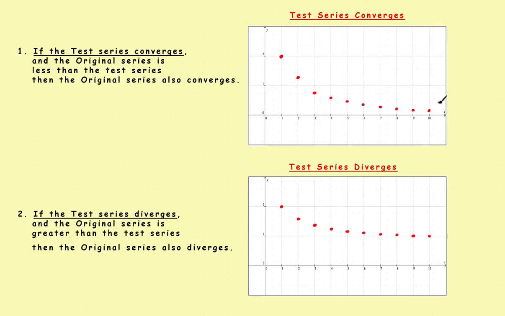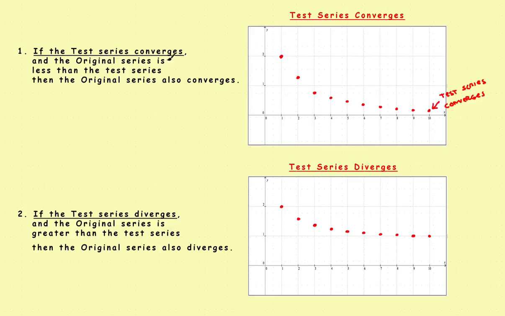So if it looks like this, and we're going to put a little arrow here, this would be a case where our test series, in this case, you know that the test series converges. So we'll put converges right here. So now the question is, what's going on with the original series? So this thing says this. If you know the test series converges, it has to have this shape.